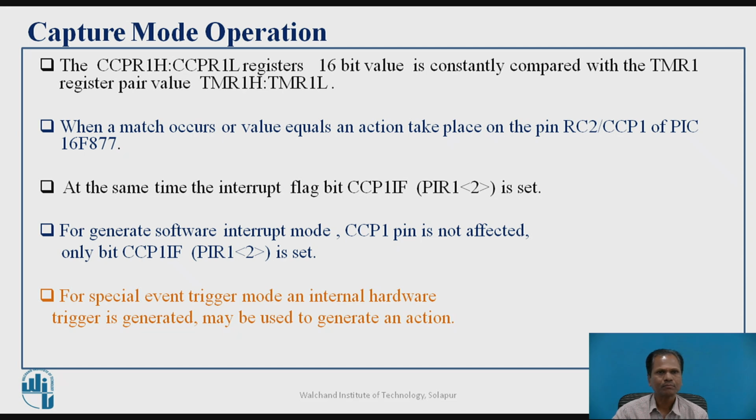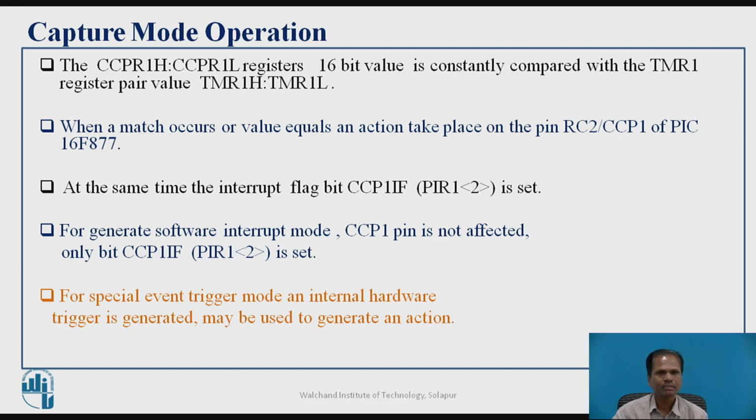At the same time, the interrupt flag bit CCP1IF is set at bit position 2 in the PIR1 register, peripheral interrupt register 1. For the generate software interrupt mode, the CCP pin is not affected.